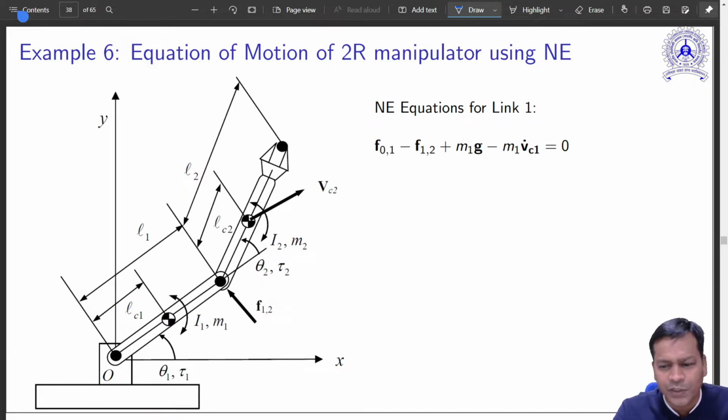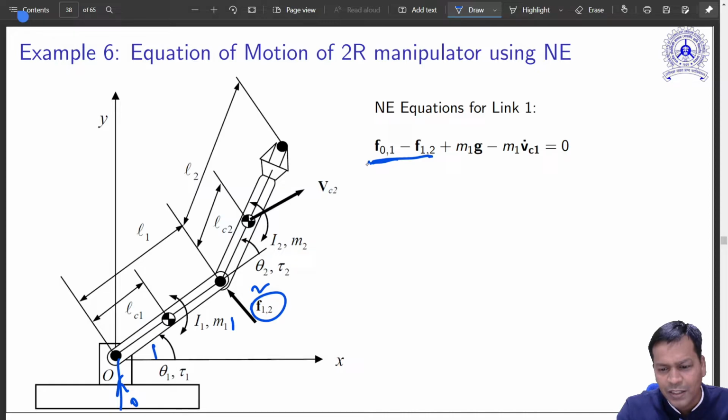So this is your Newton-Euler equation. This is the first equation, the Newton equation, that is the force balance equation. F01 is the ground to first link interaction force. Next comes first to second, another interaction force.